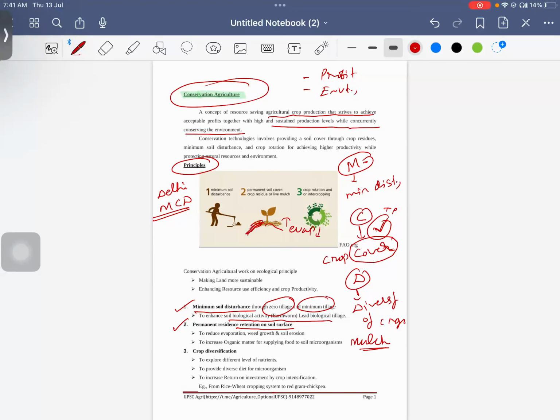Also, soil erosion will be reduced. Okay. And the growth of weeds will also be reduced.